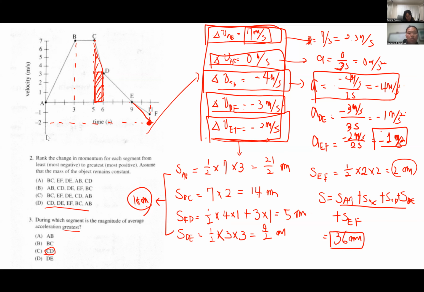So basically, let me just explain the difference between the distance and displacement. Distance is magnitude of the displacement. So displacement is vector and the distance is scalar.